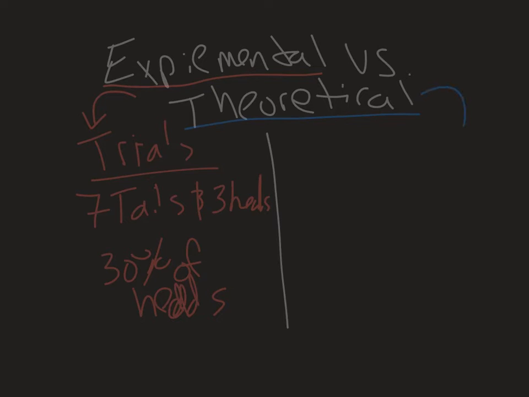So theoretical is where we spend most of our time, at least initially. So for theoretical, we figure out the chances or the number of opportunities for a "success" over the total possibilities.